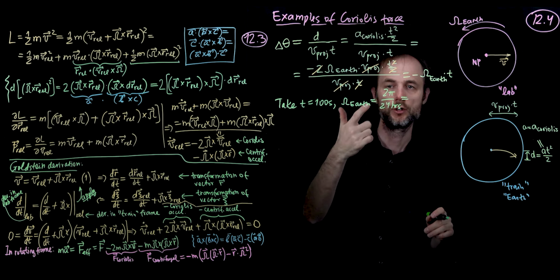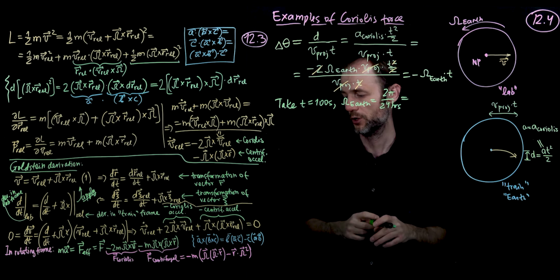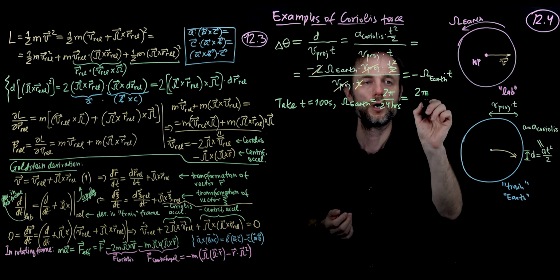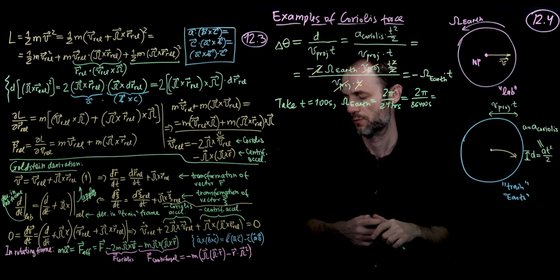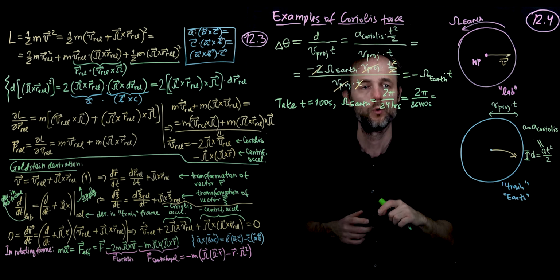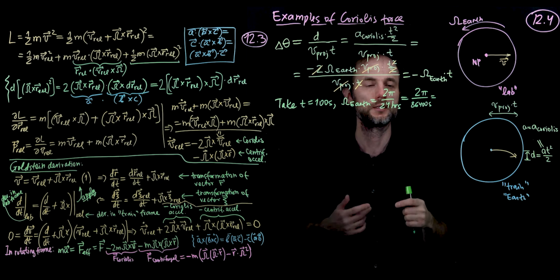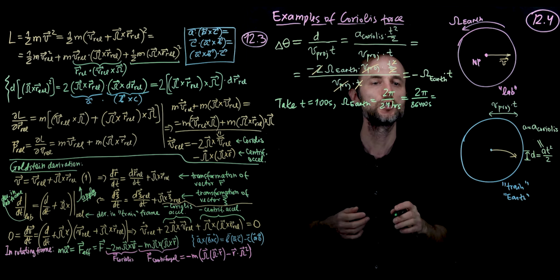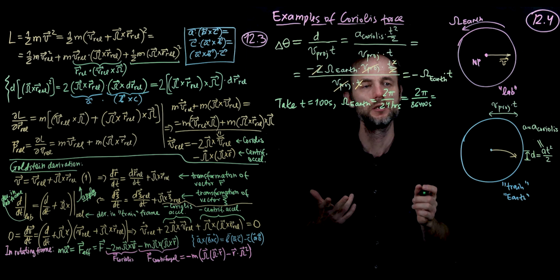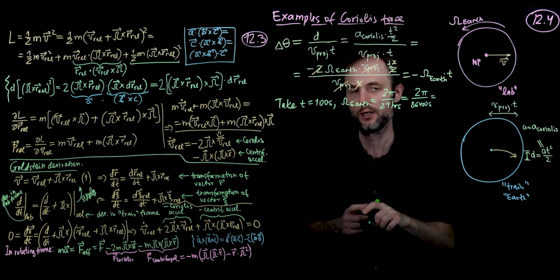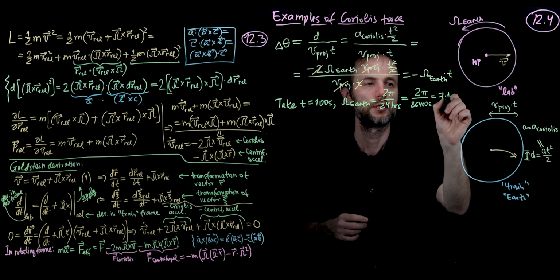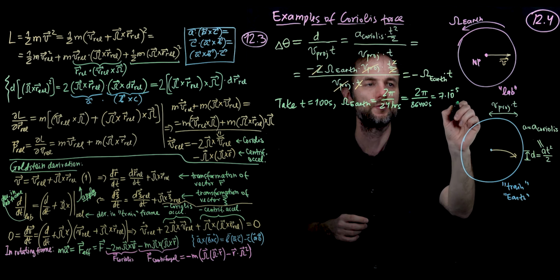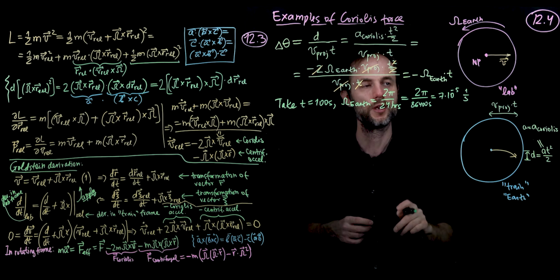The angular frequency of the Earth is 2 pi divided by 24 hours, or 2 pi divided by 86,400 seconds. Cancelling the 2 pi and 8-ish, we're going to get roughly 7 times 10 to the minus 5 radians per second.